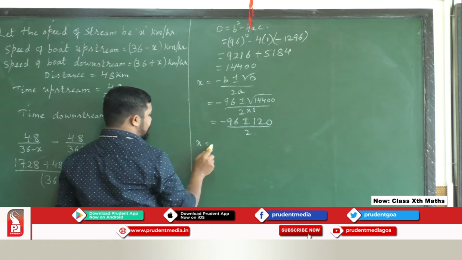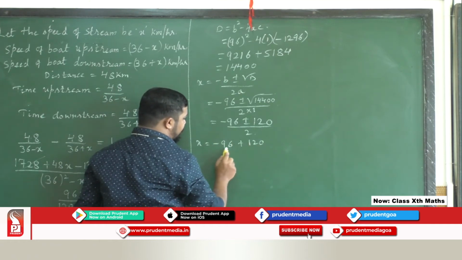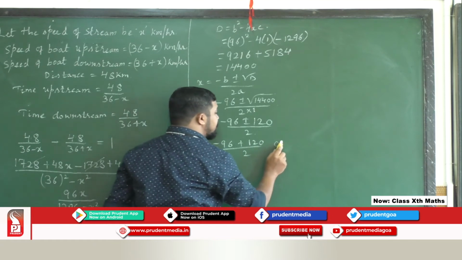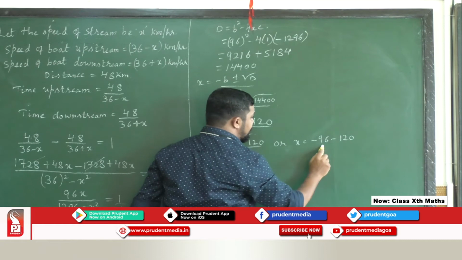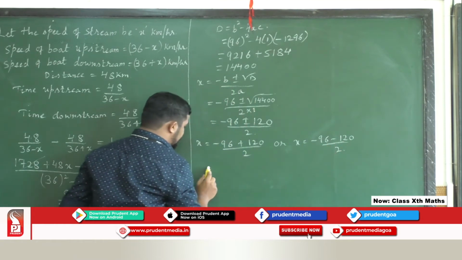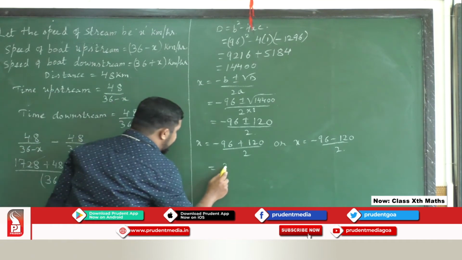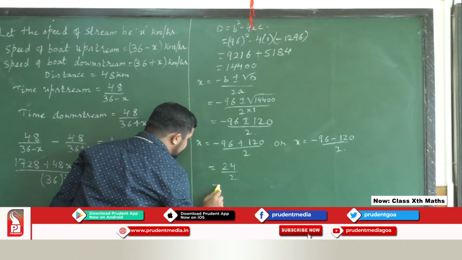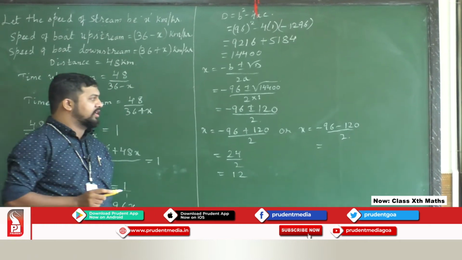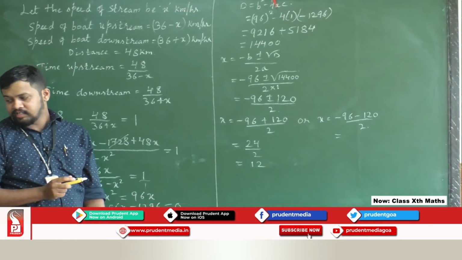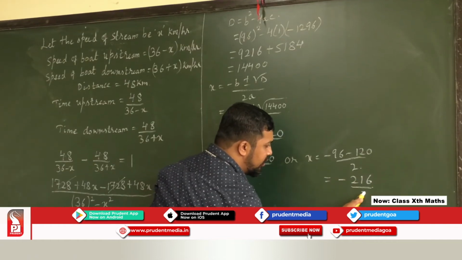So x equals minus 96 plus 120 by 2, or minus 96 minus 120 by 2. So 120 minus 96 will give you 24, that is 12, and here minus into minus plus, so 120 plus 96 will be minus 216 by 2.